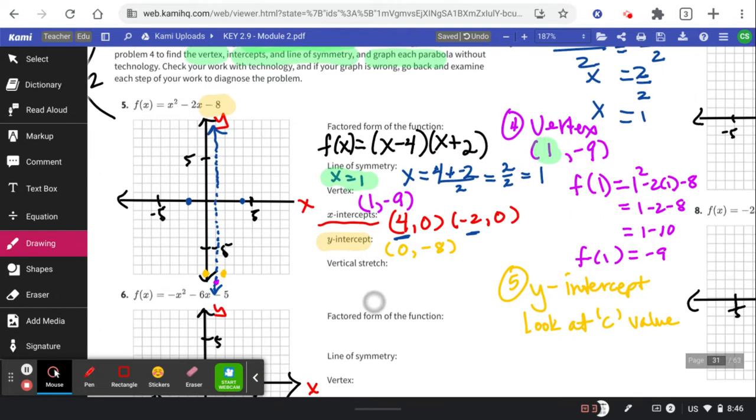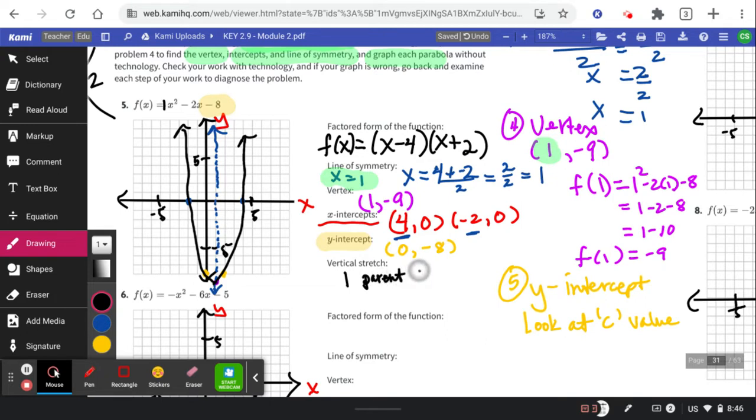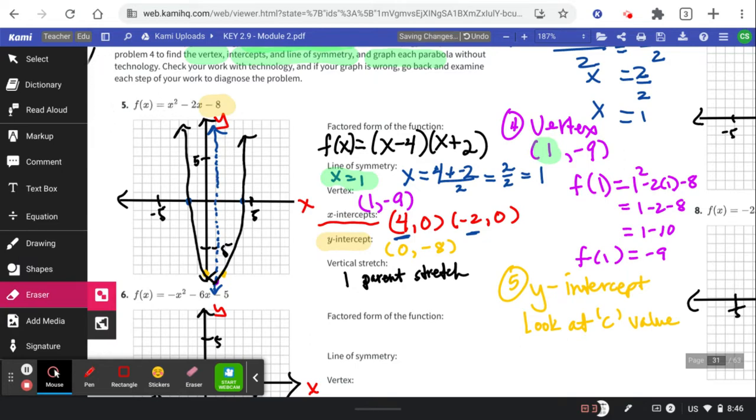Here's my parabola from my vertex right here, and then from my vertex right here, going up. And there she is. What's my vertical stretch? Notice there's an invisible 1 in front of here. It's just a 1, the same as the parent stretch.